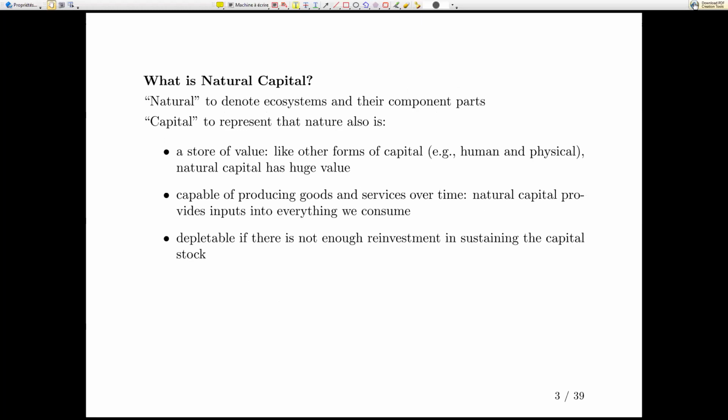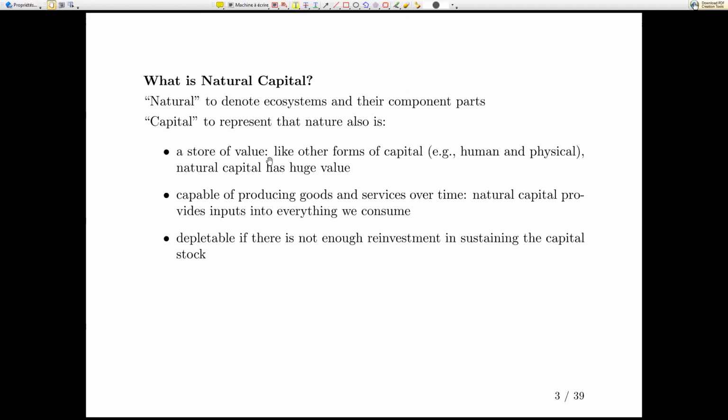What we mean by natural denotes the ecosystem and its component parts. Capital represents that nature has different functions for it being capital.